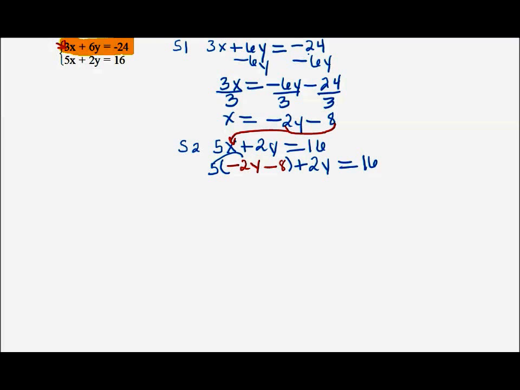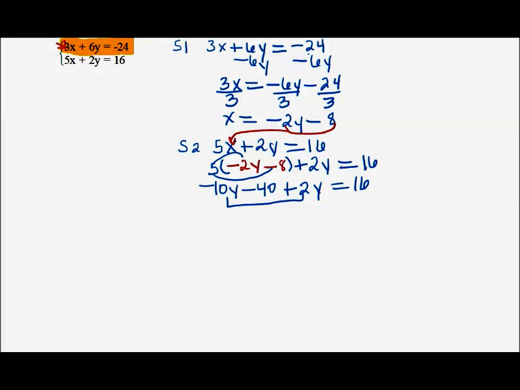Apply my distributive property. This will give me a negative 10y minus 40. Bring down plus 2y equals 16. Have like terms here that I can combine.